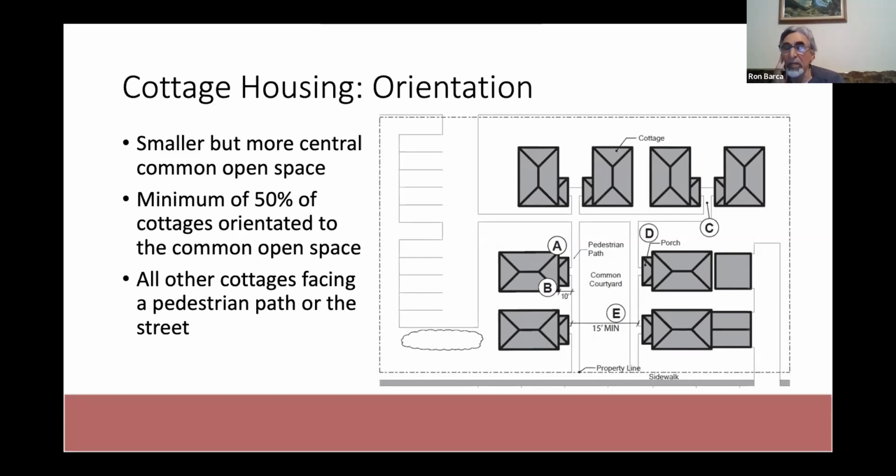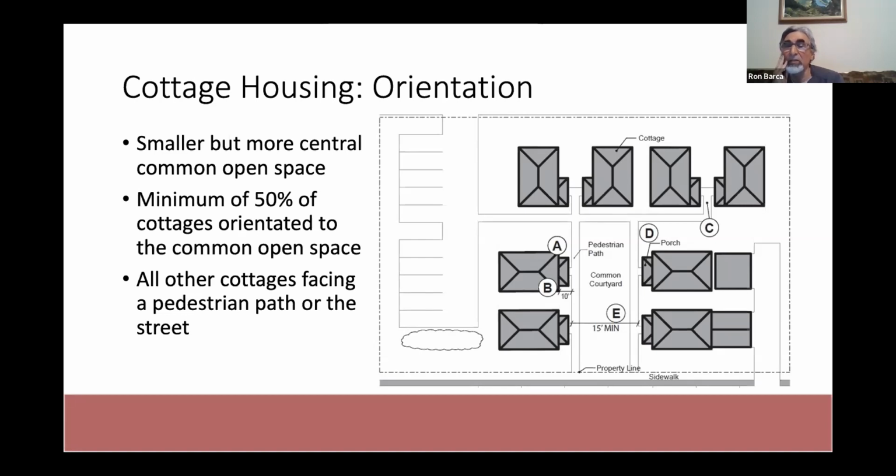It's almost exactly like what Eric was just talking about. If everybody had their back door towards that common space, we would have been able to orient it in such a fashion that it probably would have penciled out. And we're looking at product that's probably 800 square feet to maybe 1,000 square feet.